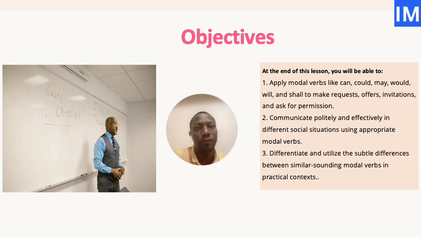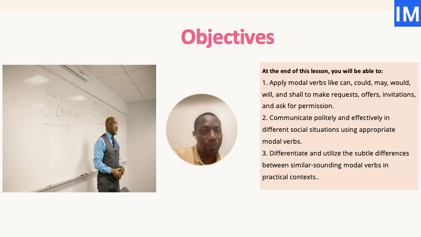How about the objectives? At the end of this lesson, you'll be able to apply modal verbs like can, could, may, would, will, and shall to make requests or offers, invitations, and ask for permission. That will allow you to communicate with people. And then number two, you'll be able to communicate politely and effectively in different social situations using appropriate modal verbs.